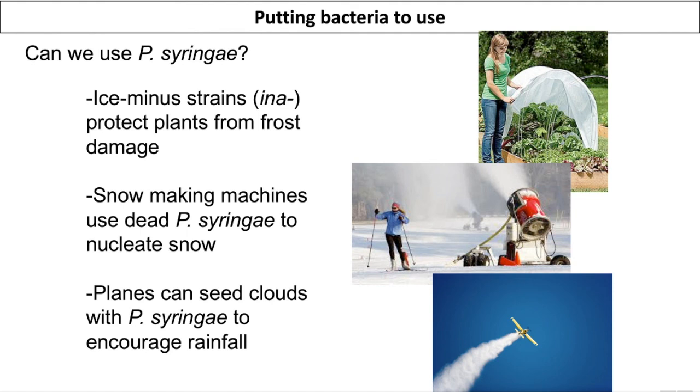But if you've ever made ice cubes in your freezer, you know that you can't just make water cold and turn it into snow. It doesn't work that way. Water wants to turn into ice, but you can encourage water to turn into snow if you mix dead Pseudomonas syringae in to nucleate the snow.